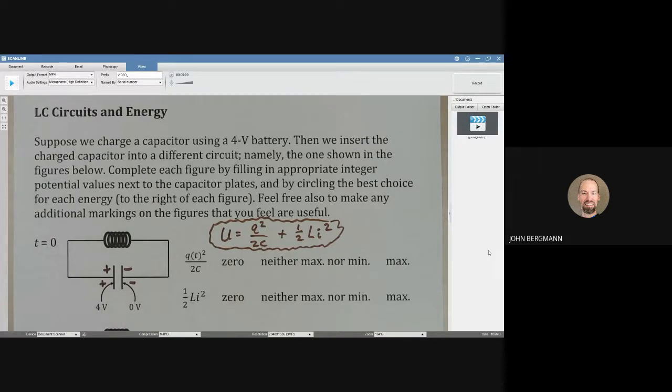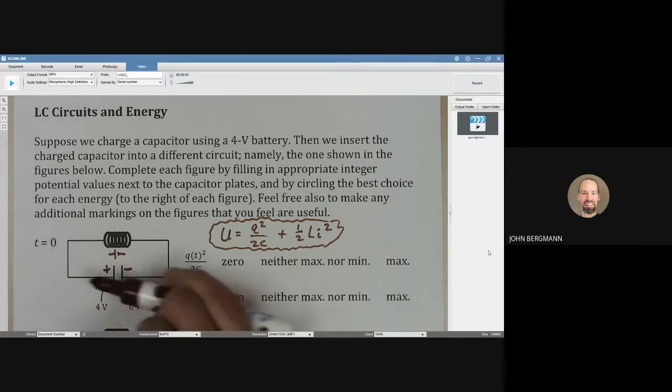We hook that up. At that first instant, that inductor is going to fight the attempt of the capacitor to make charge go clockwise. So there's going to be an induced EMF in the inductor that points to the left here. You can see I've made the longer line on the left and the shorter line on the right to indicate that the inductor is trying to push this way.